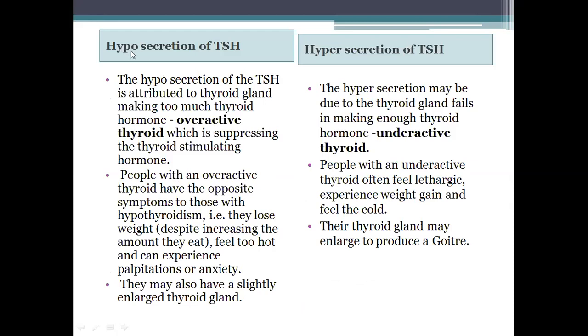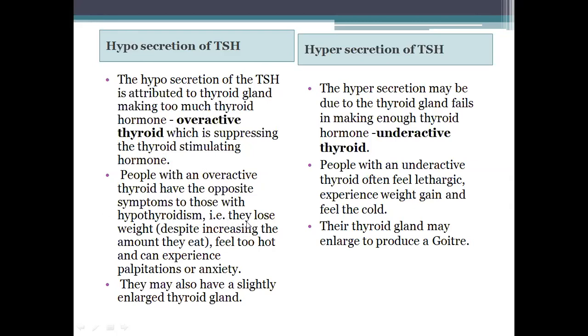So the hyposecretion of TSH may be due to an overactive thyroid gland, due to thyroid overfunctioning. There is more and more production of thyroid hormones. Under these conditions, there is a negative feedback on the pituitary, leading to less production of TSH. This is an abnormal disease condition, with the opposite effect to that of hypothyroidism.